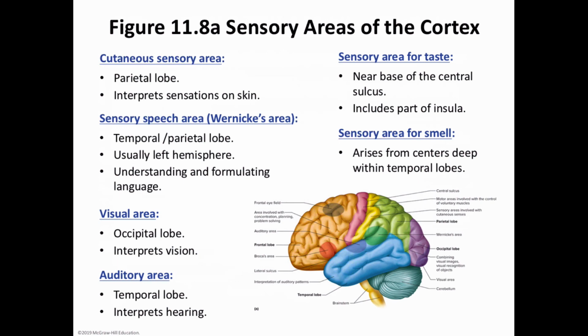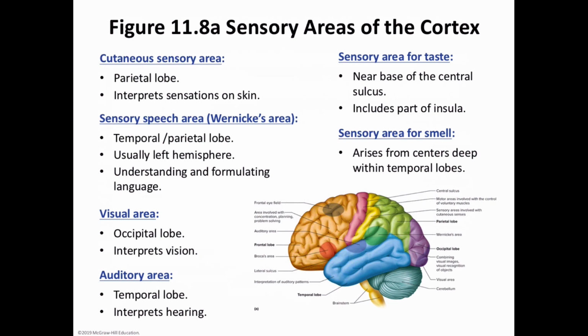For example, the sensations of temperature, touch, pressure, and pain in the skin arise from the postcentral gyri of our parietal lobes. That's called the somatosensory cortex. And this is posterior to the central sulcus, you all.